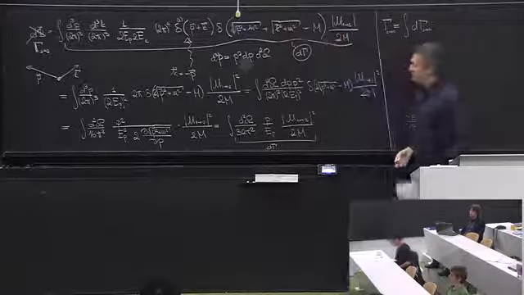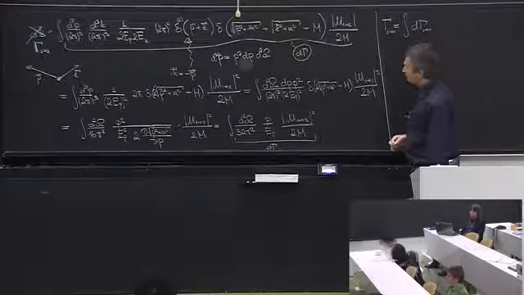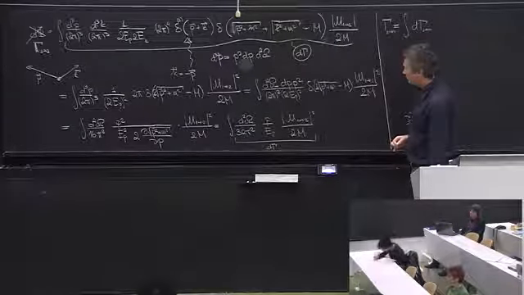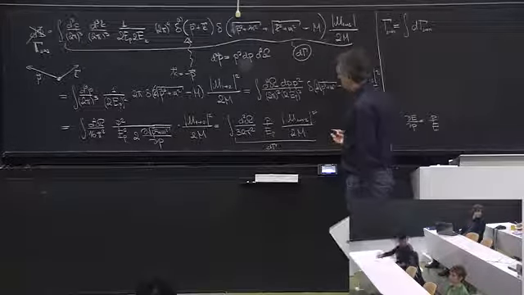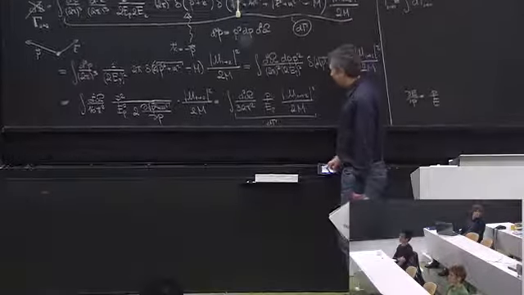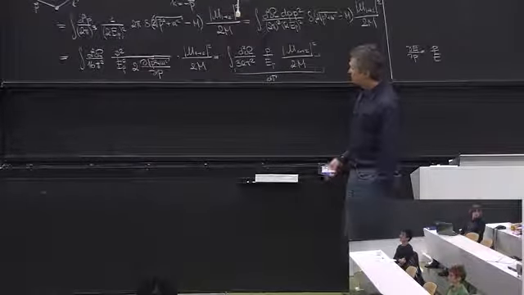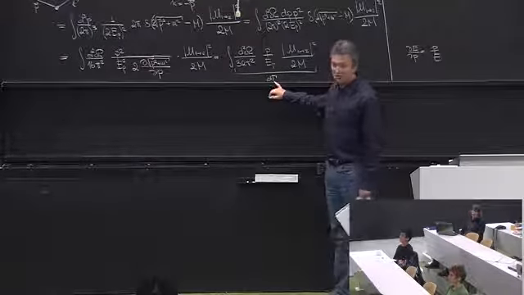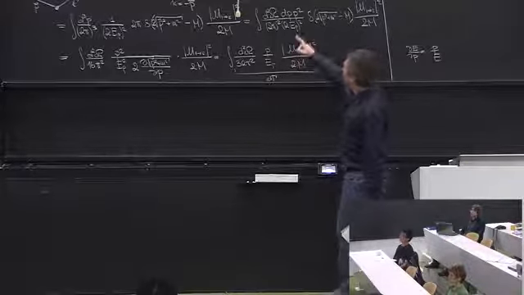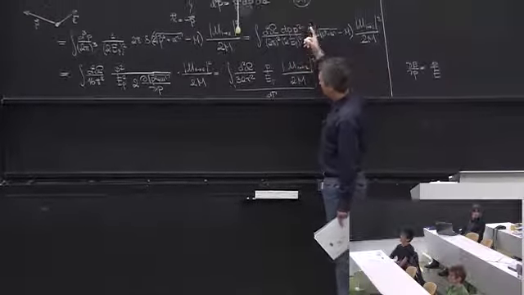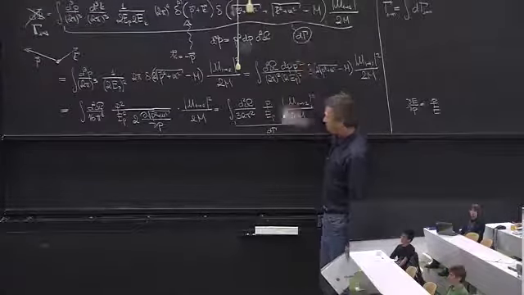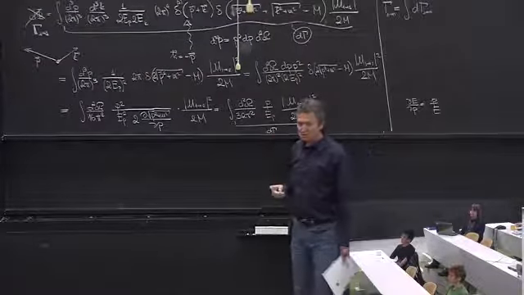This is just the use of the conservation law. I guess in the literature, both this thing and this are called d gamma. But you can always reduce that d gamma to this one by using conservation laws.